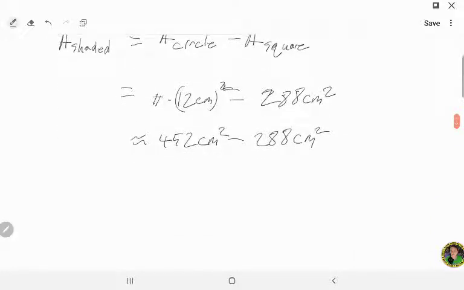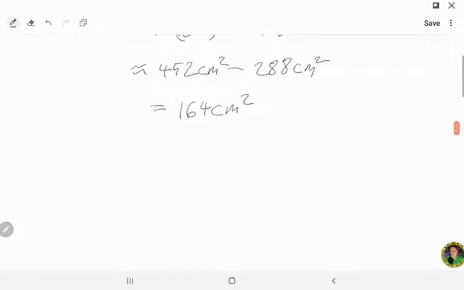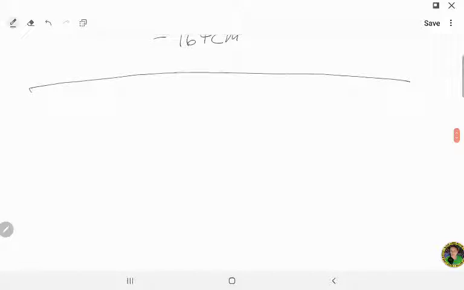And so that shaded region is going to be 164 square centimeters. And so again, quite often we're either going to use subtraction or addition to get the area of more complicated shapes. So let's look at just one more of these just to get an idea for this.